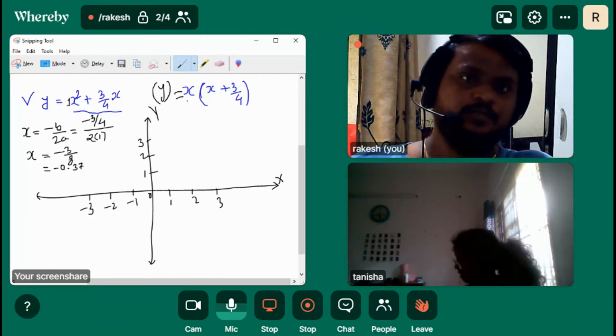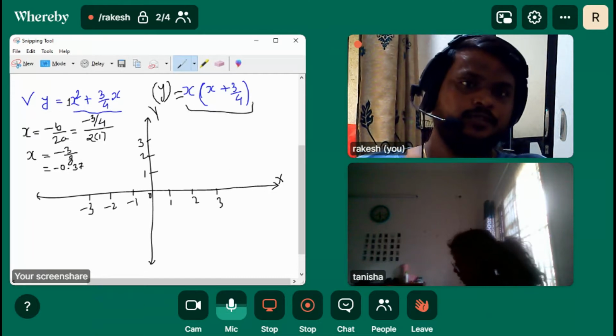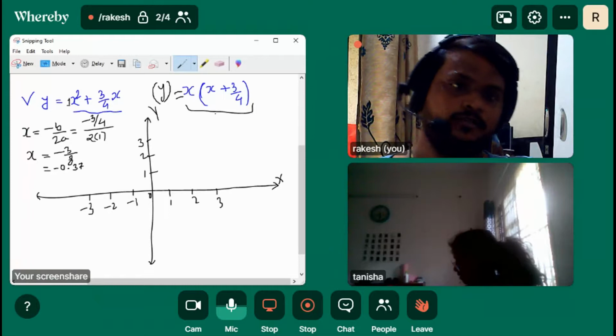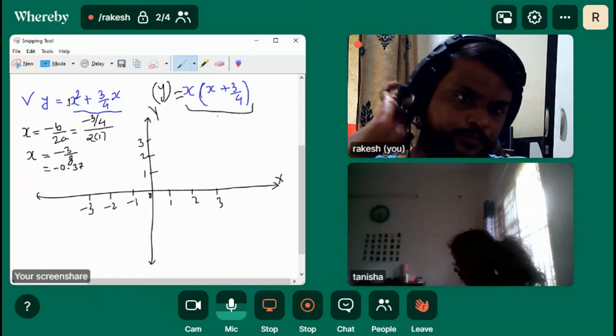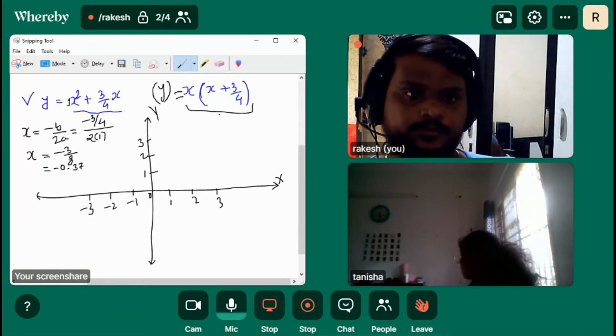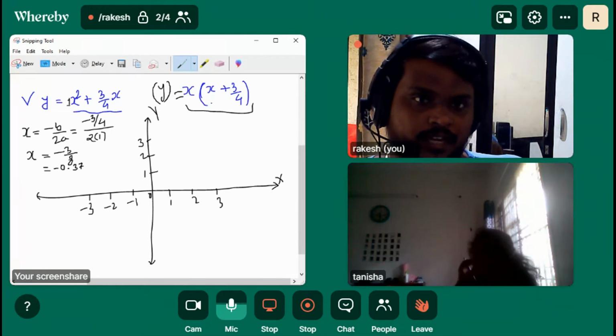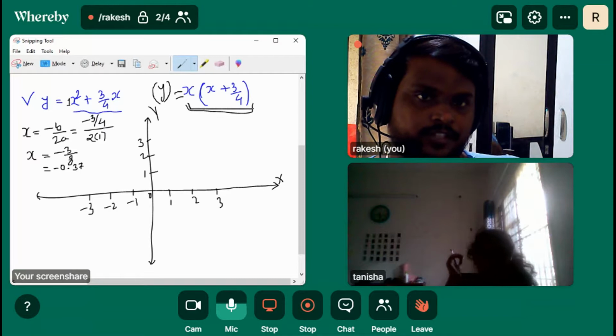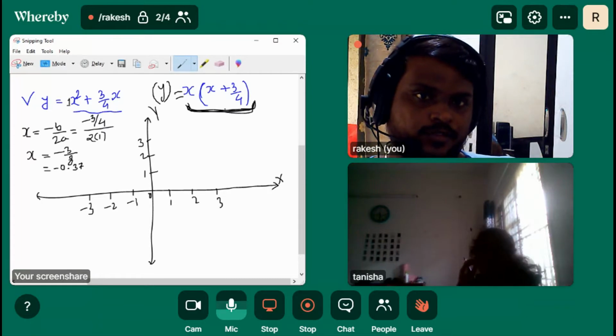So for what values of x would y be 0? For what values of x is the y value 0? Means this has to be 0.